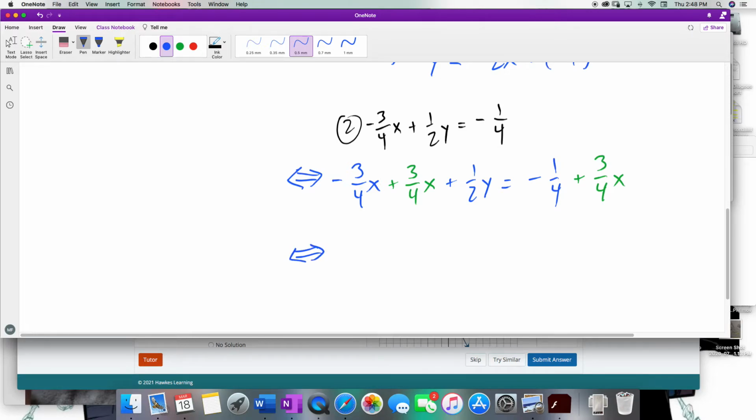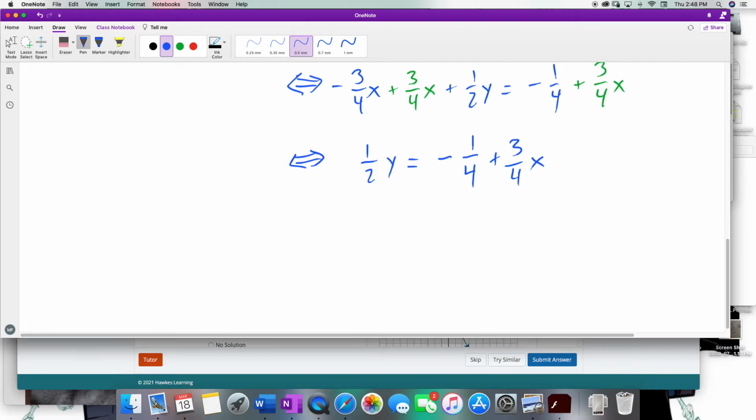As before, the whole reason we added this was that gives us 0 x's, in other words, just 0 plus 1/2 y, so we can just write 1/2 y on the left, and then on the right we have that -1/4 plus 3/4 x. Again, we want to get y by itself, so that means we want y to have as its coefficient just 1. So that means I'm going to multiply this by 2, which means we have to multiply the other side by 2 as well.